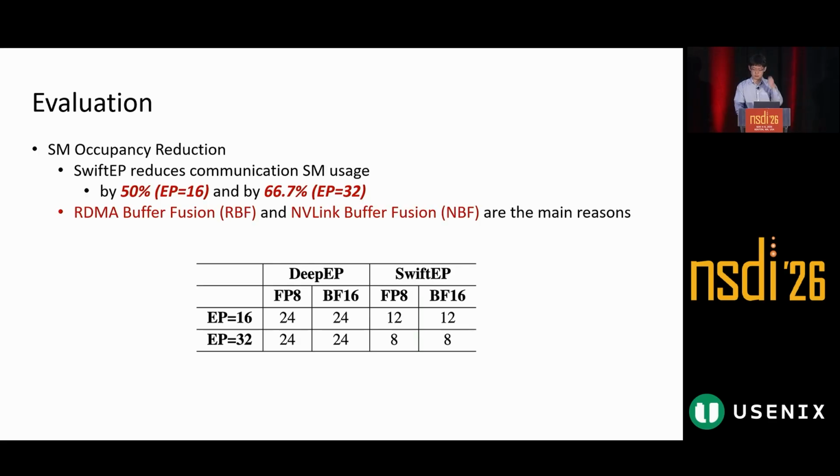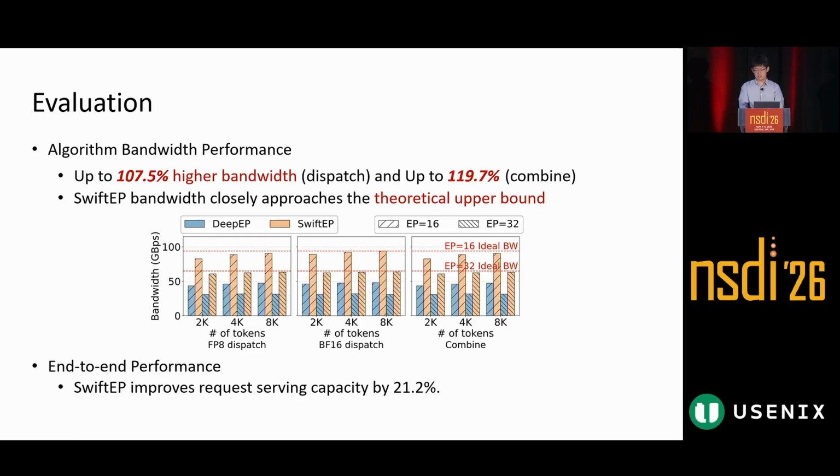First, SM occupancy. SwiftEP reduces communication SM usage by 50% at EP16 and by 66.7% at EP32. The main contributors are RDMA buffer fusion and NVLink buffer fusion, which remove the data copy ops present in DeepEP. Second, algorithm bandwidth.